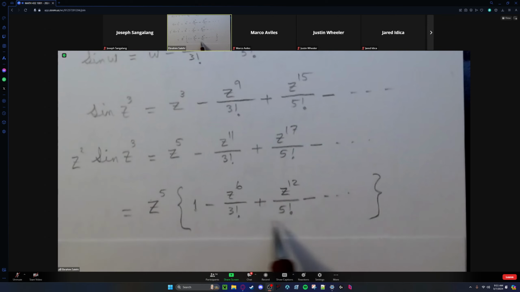This part is analytic, a nice, beautiful function, and is not 0 at z equals 0. If you plug in 0, you get 1. So a zero of order 5.